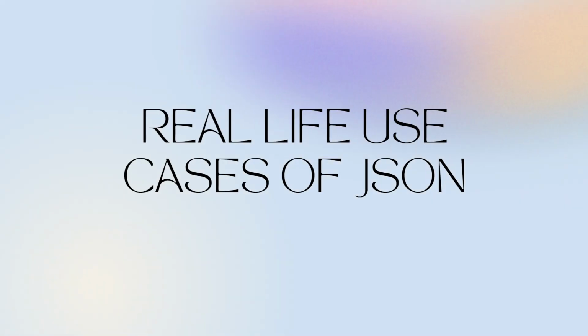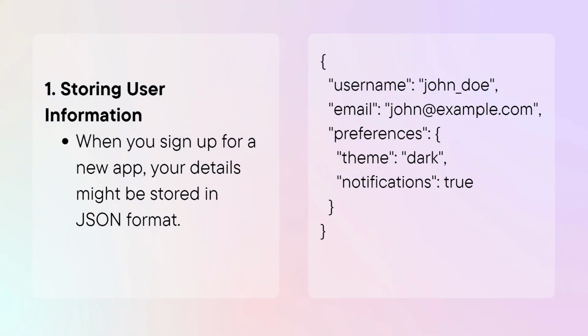Now let's discuss some real life use cases of JSON. First one is storing user information. In this example, it is discussing how an app stores your details in JSON format. It's asking for a username, your email ID, and the theme you prefer. Most of us prefer dark theme or light theme in all the apps we use.